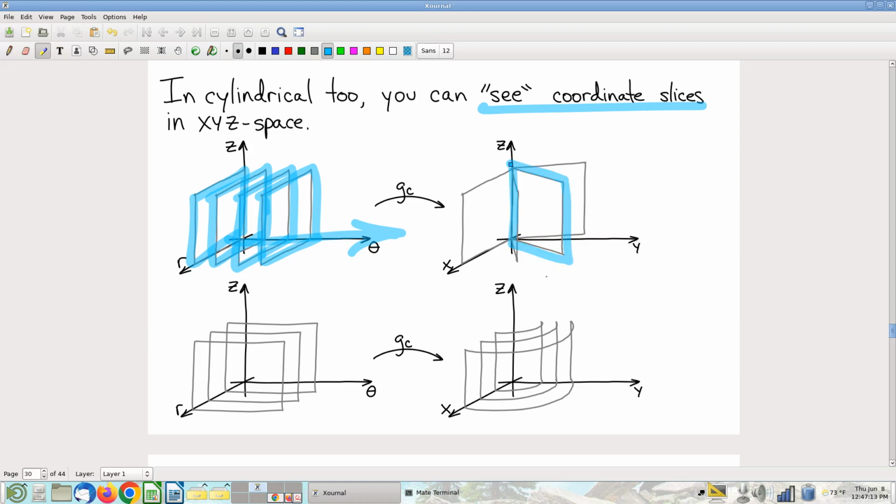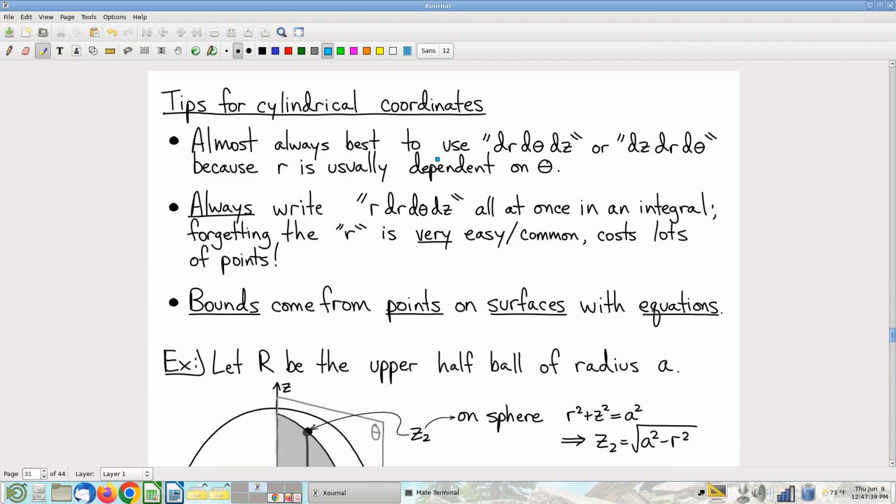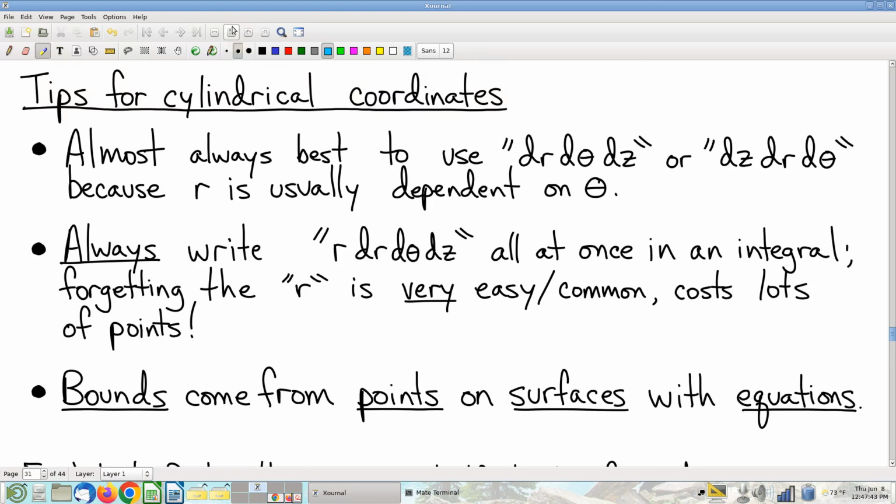It's what I call a half plane, as I like to say, hinged on the z-axis, as we've discussed before. So, no big deal. You just get various different half planes hinged on the z-axis. So if you know what the slices look like in XYZ space, you don't have to pull back to r theta z space.